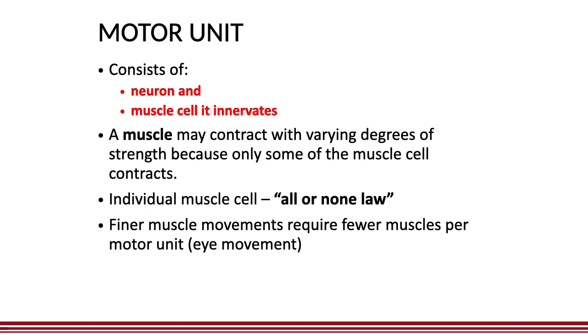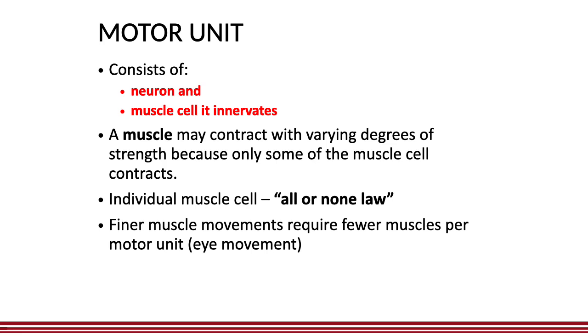Okay? Each motor neuron can innervate multiple muscle fibers. So you can have one motor neuron innervating just one muscle fiber, or you can have a motor neuron innervating multiple muscle fibers. And the number of muscle fibers innervated by a single motor neuron varies depending on the function of the muscle.